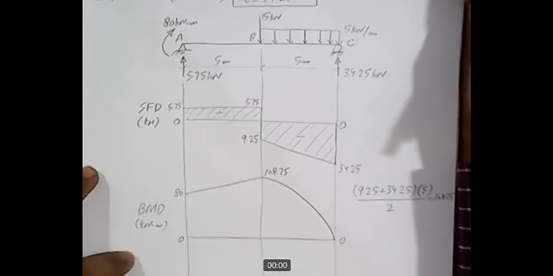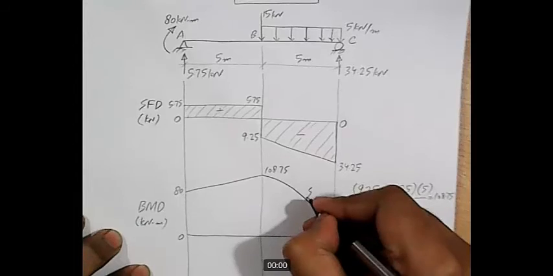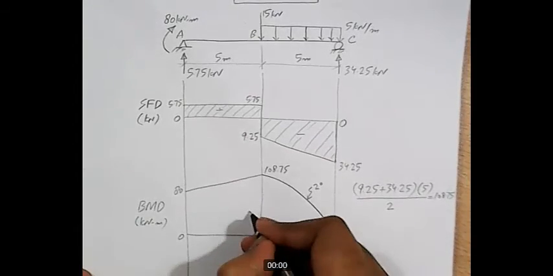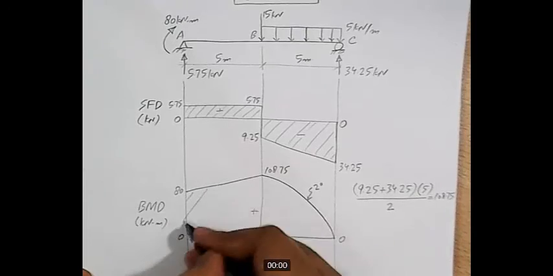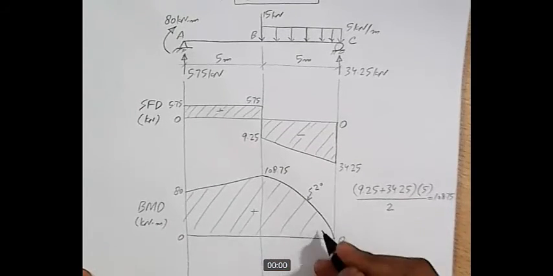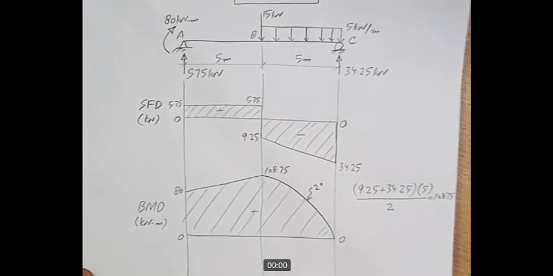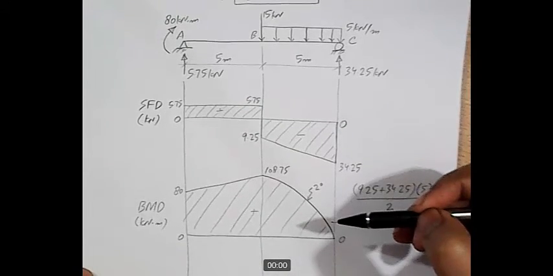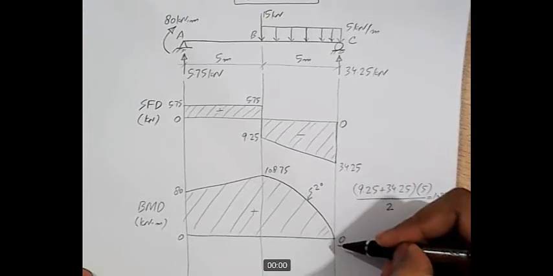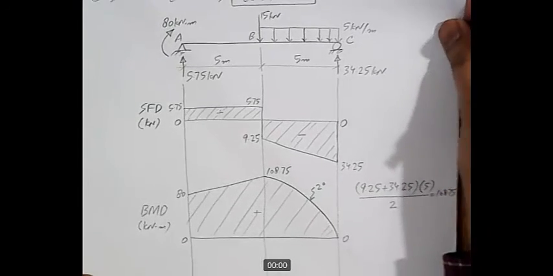So this is a second degree line, convex up, and the entire bending moment diagram is positive. So this completes the bending moment diagram, and it is closed, which means that this diagram is correct.